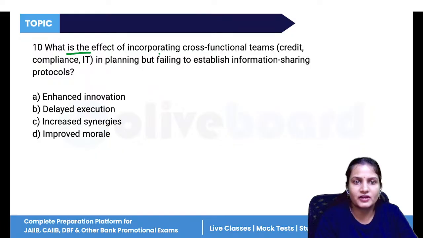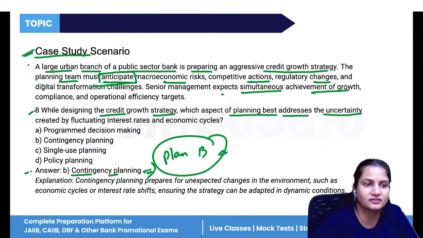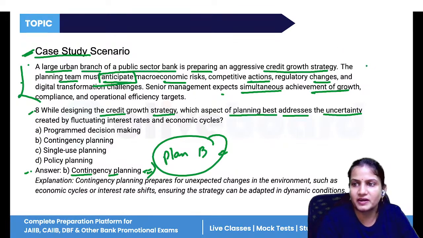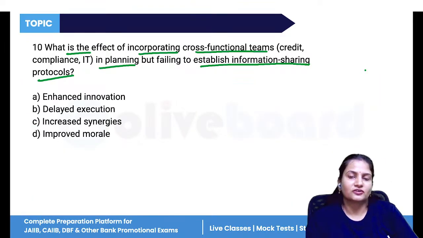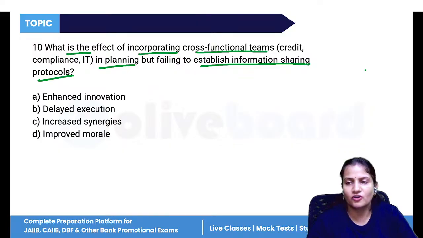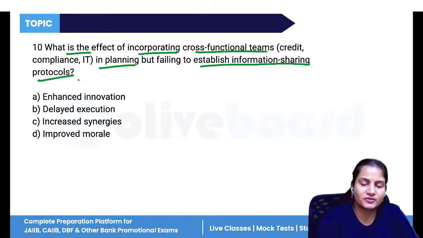What is the effect of incorporating cross-functional teams in planning but failing to establish information sharing protocols? See, you have to answer this question with respect to this case study. In planning, they can take the help of cross-functional teams, one team from another to the third one, but it fails to establish the information sharing protocol.